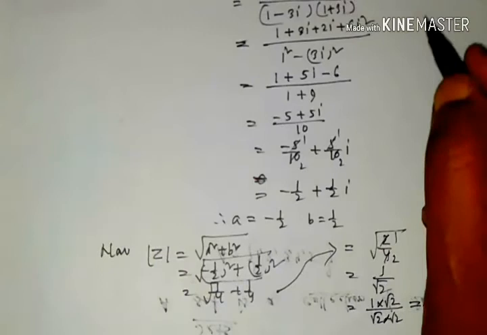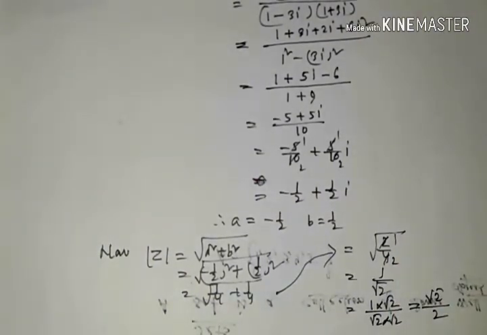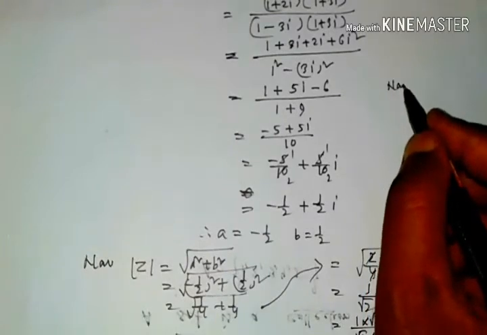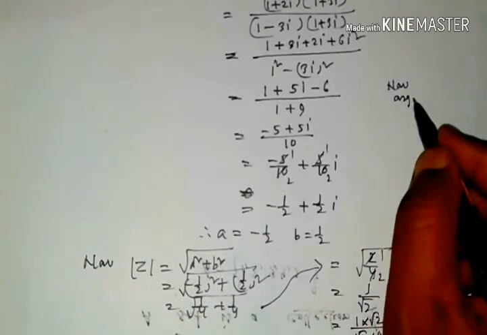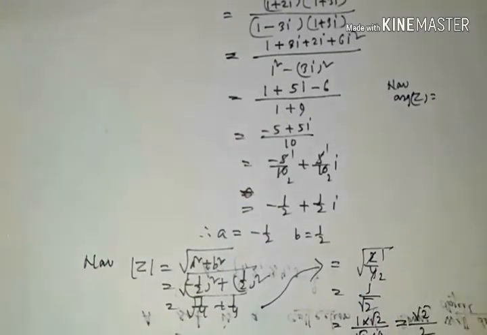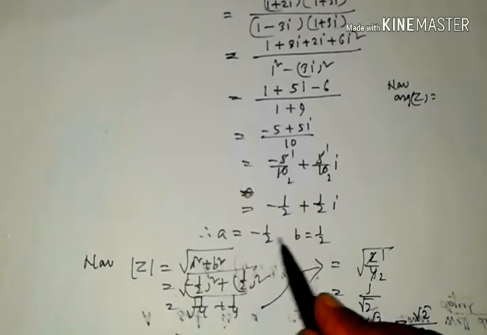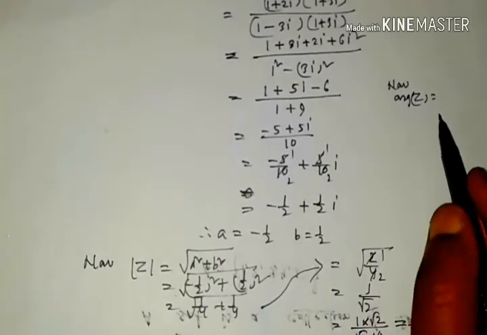Now the argument. What is the argument? Arg Z, the argument of Z. A is negative and B is positive, so it is in the second quadrant.